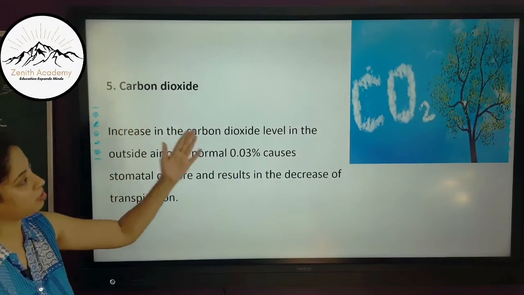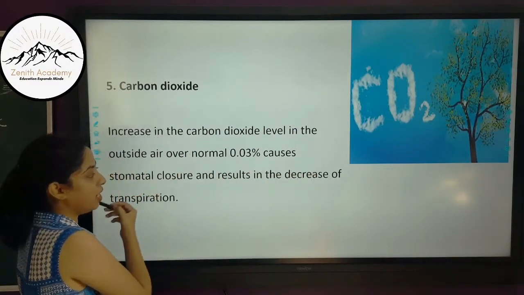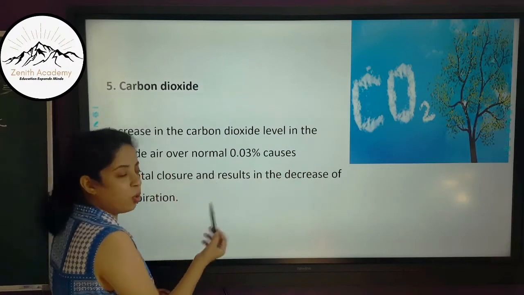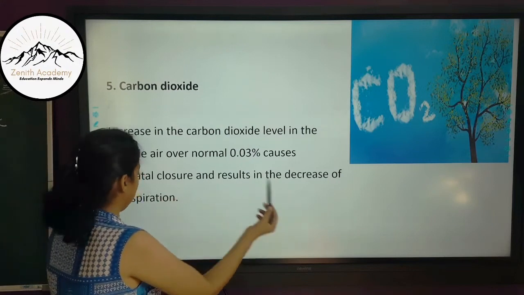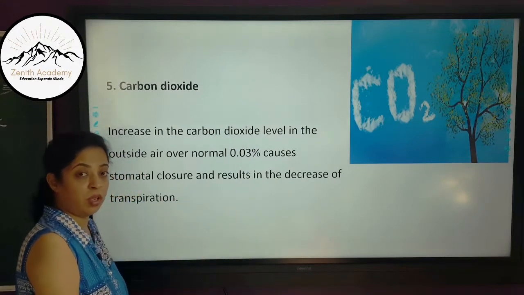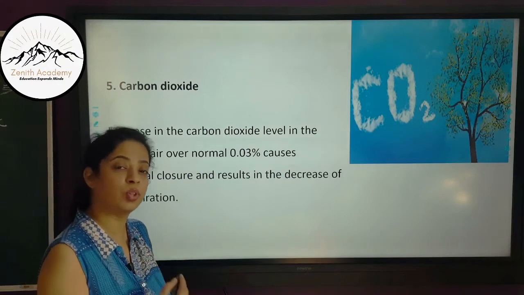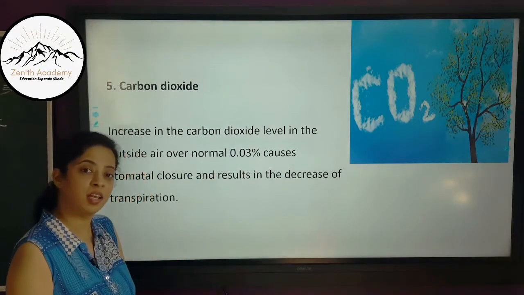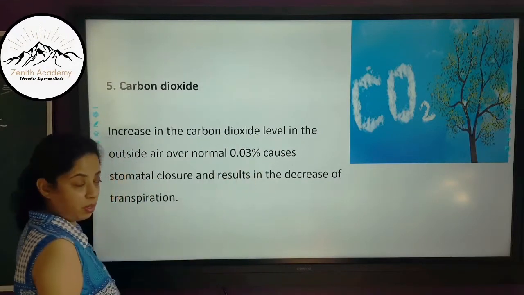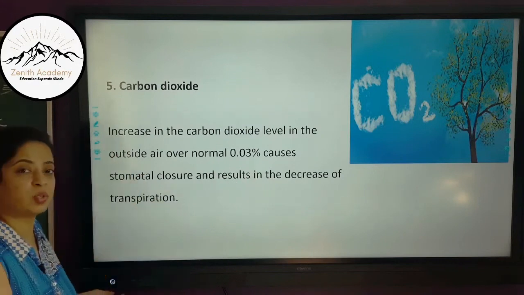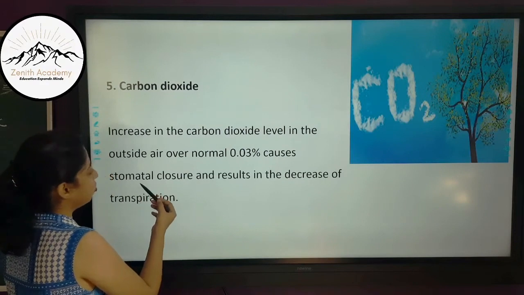Now, carbon dioxide. Increase in the carbon dioxide level in the outside air over the normal 0.03% causes stomatal closure and results in the decrease of transpiration. We all know that normally around 0.01 to 0.03% of carbon dioxide is there in the atmosphere. But if the level of CO2 increases from this, it means outside there is more carbon dioxide, so it leads to stomatal closure.